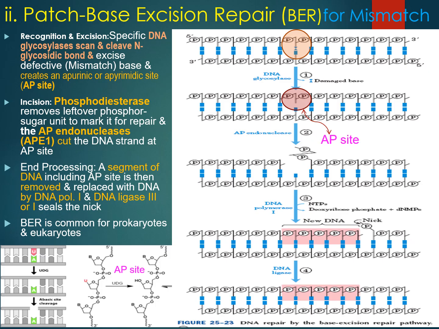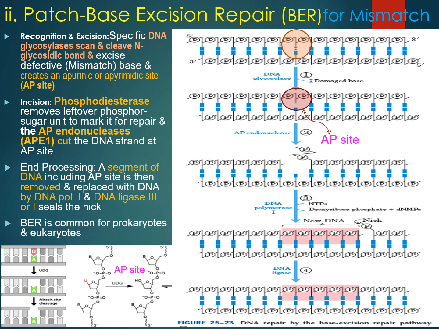This site will invite an enzymatic system. Phosphodiesterase and one more enzyme, AP endonuclease, together will cut the DNA strand at the AP site. It will cut the phosphodiester bond, and the sugar unit is also removed.